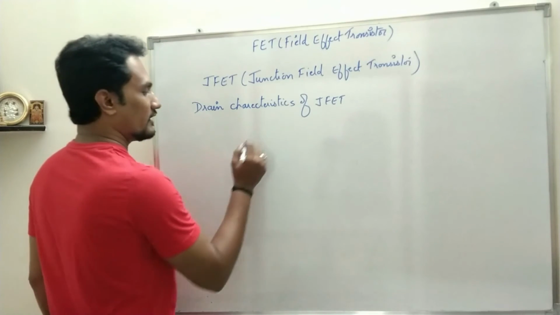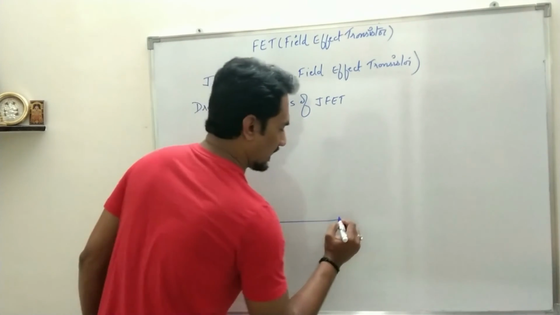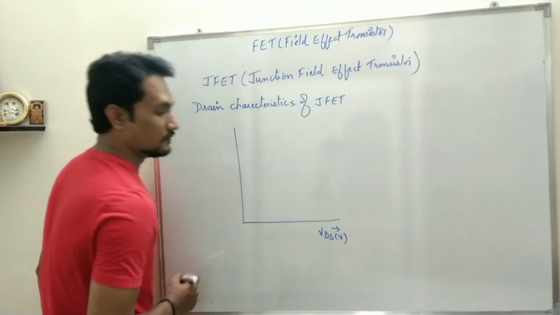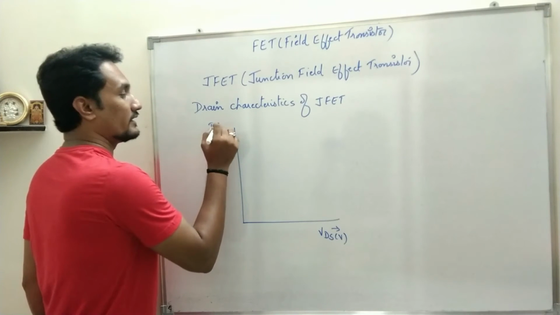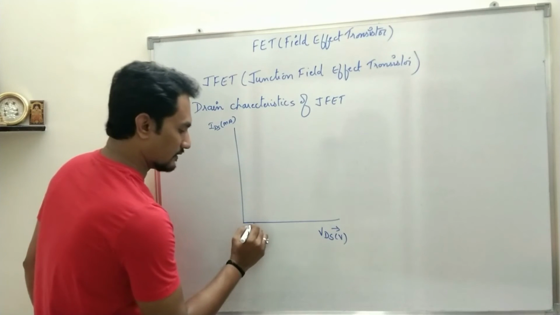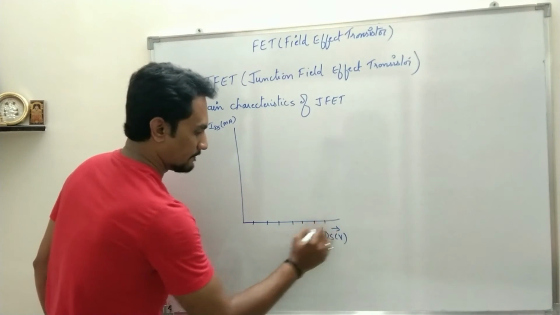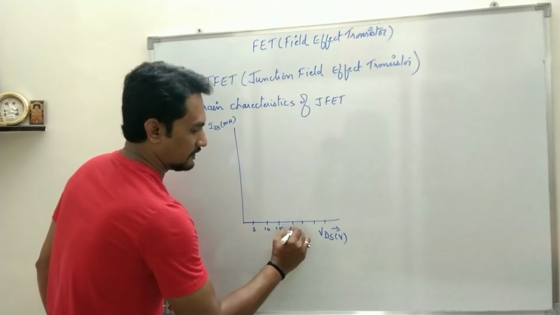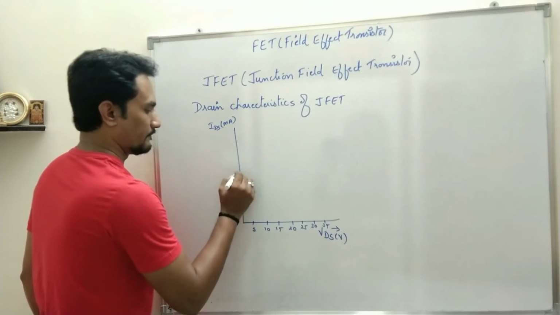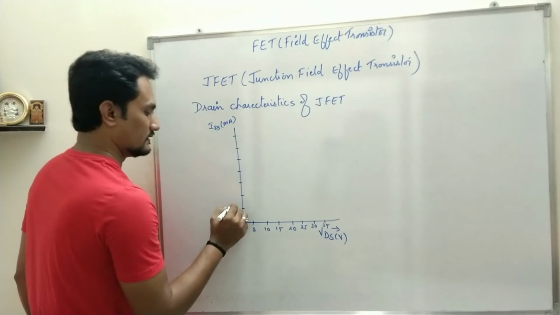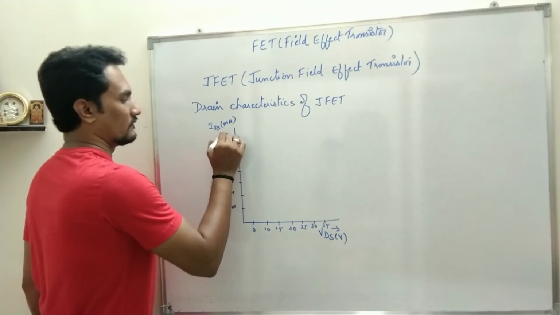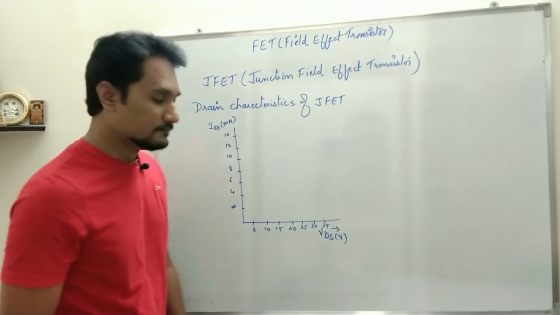When you draw drain characteristics, you draw a graph between VDS on the x-axis, which will be in volts, and IDS on the y-axis, which will be in milliamperes. Let's say this is 5, 10, 15, 20, 25, 30, 35, and this is 2, 4, 6, 8, 10, 12, 14 milliamperes.